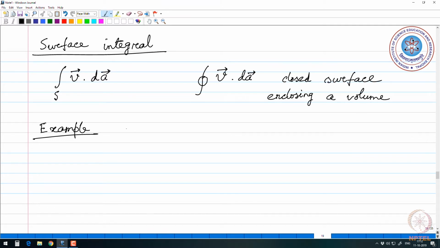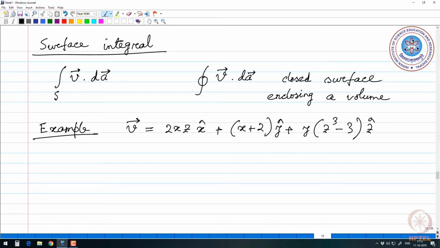So we are given a vector function v equals 2xz x cap plus (x plus 2) y cap plus (y z cube minus 3) z cap, and there is a cubic box of arm length 2.